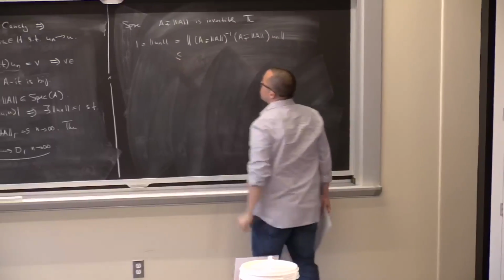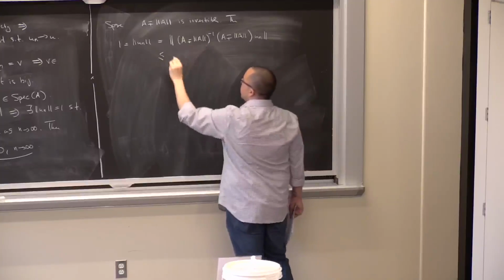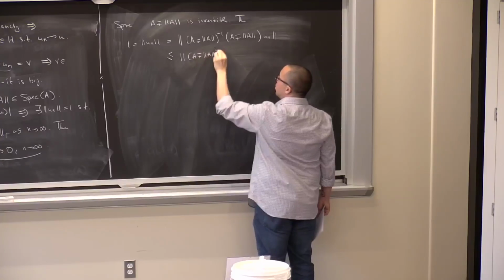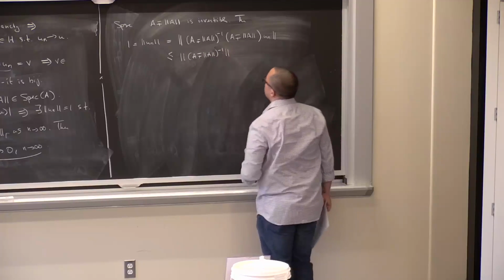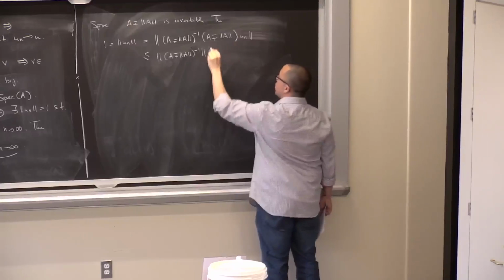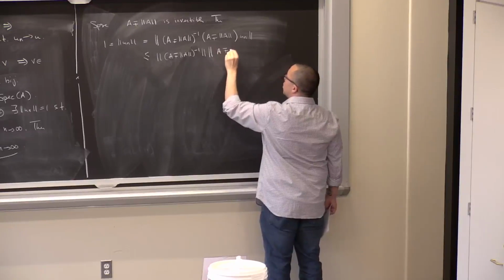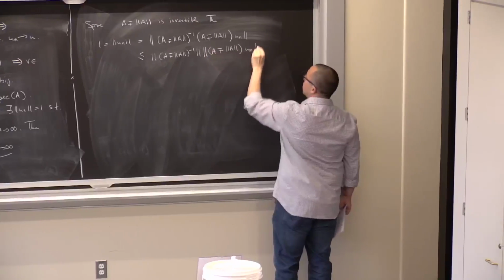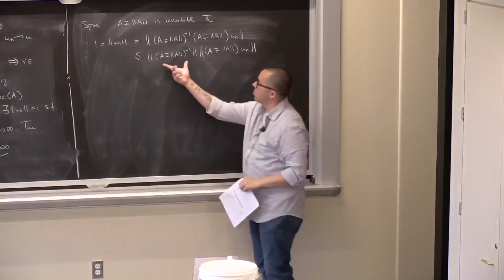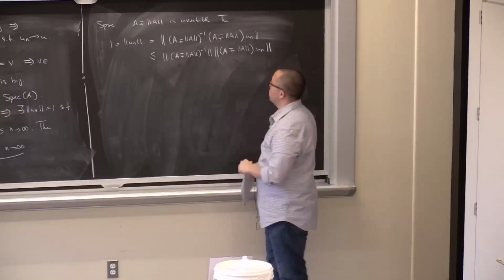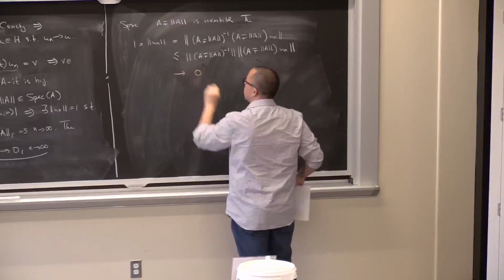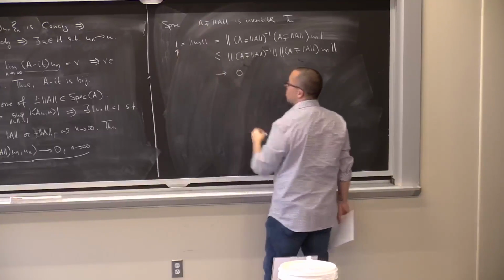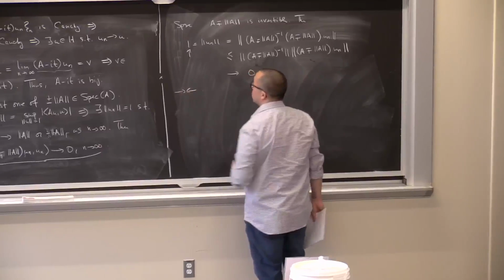And this is less than or equal to the norm of the inverse times the norm of this quantity. So this is a fixed number, and this thing is converging to 0. So the right-hand side converges to 0. But that's 1, right? I have 1 is less than or equal to 0, so that's a contradiction.